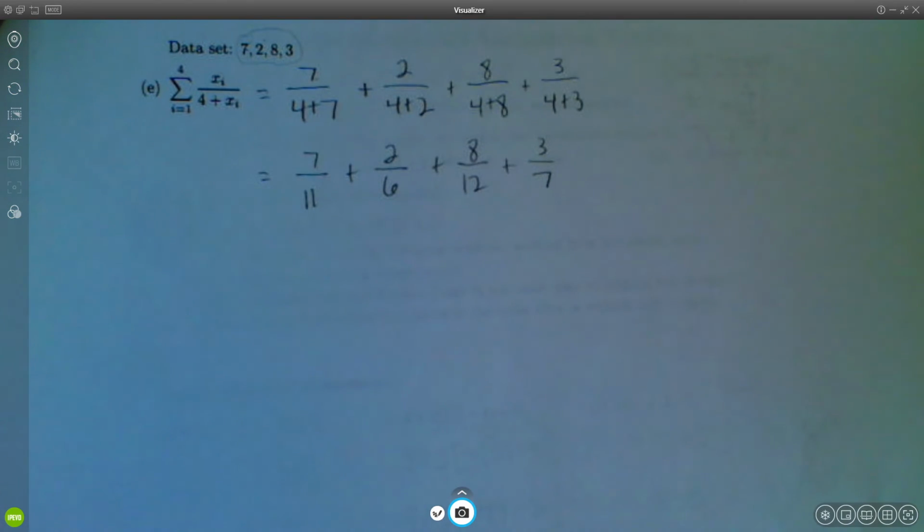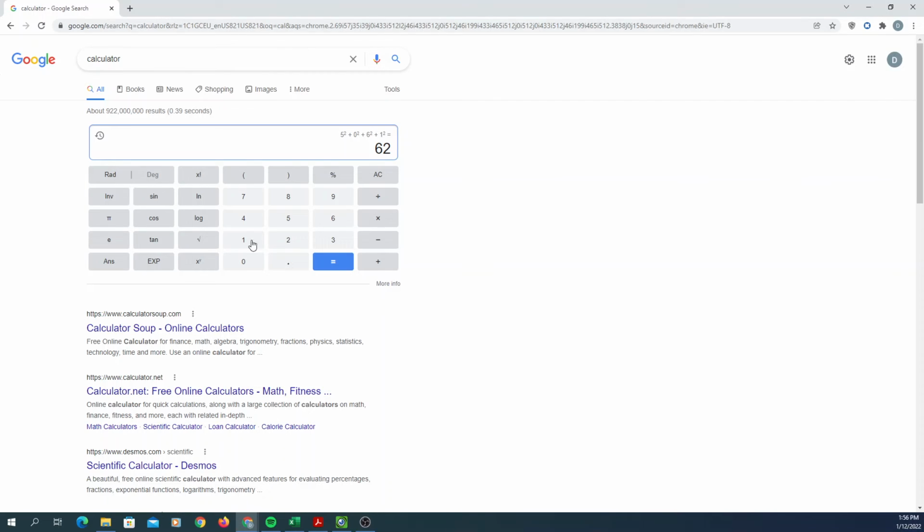And at that point, I would just go ahead and plug it into my calculator to see what we get. So 7 over 11 plus 2 over 6 plus 8 over 12 plus 3 over 7 is about 2.06.